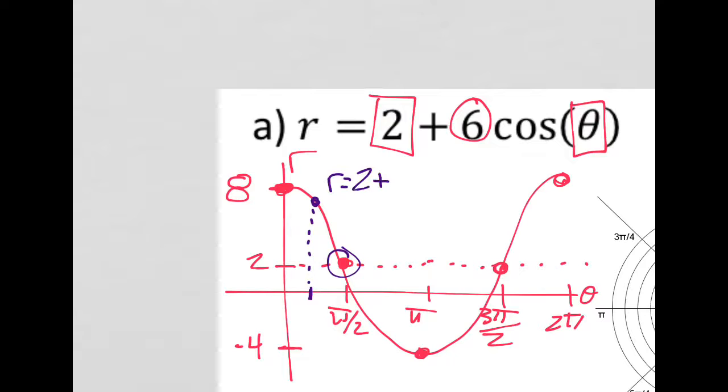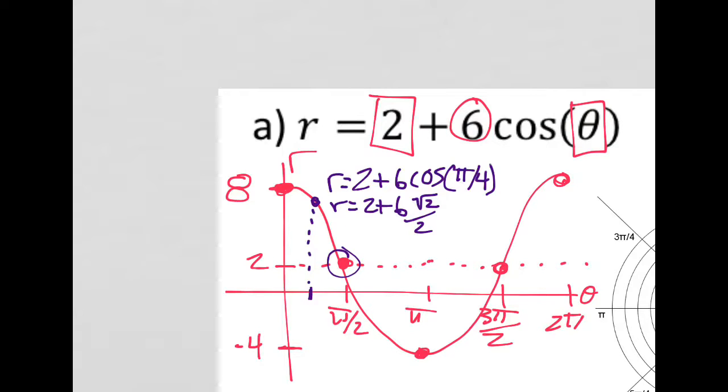So 2 plus 6 times the cosine of pi over 4. That's going to give us 2 plus 6 times cosine of pi over 4, which is the square root of 2 over 2. And so we need to figure out what this value is. It's fine if you want to use a calculator for this part. You just need to make sure that you're in the proper mode, either radians or degrees.